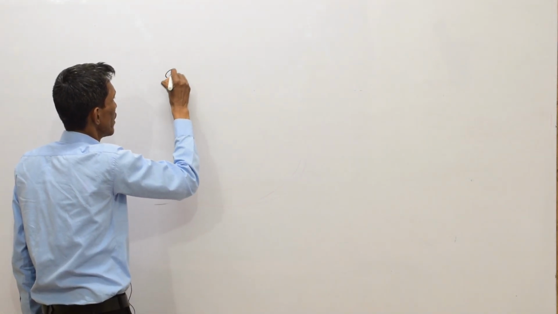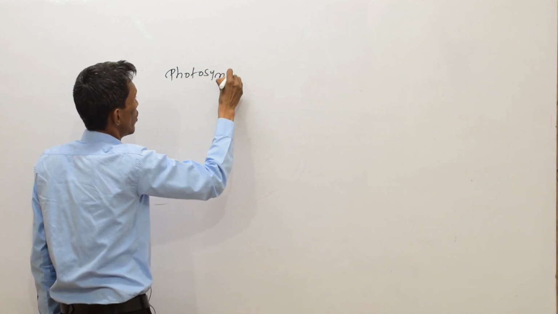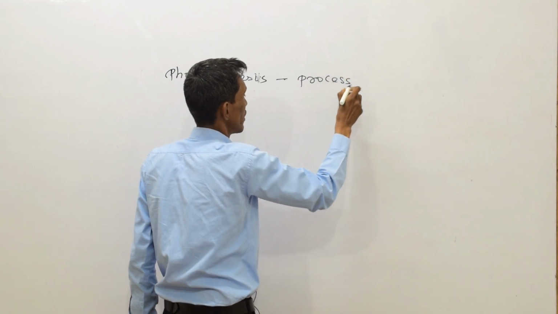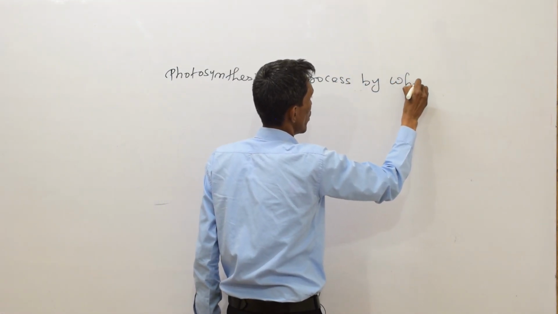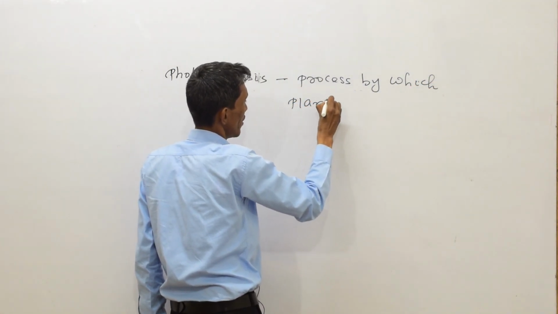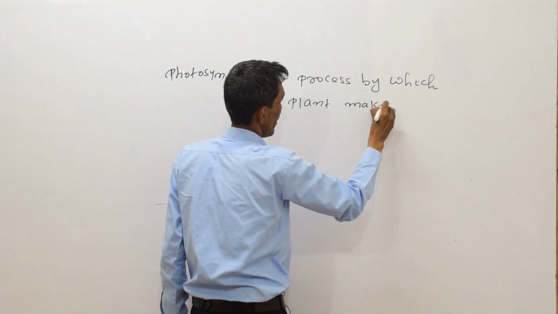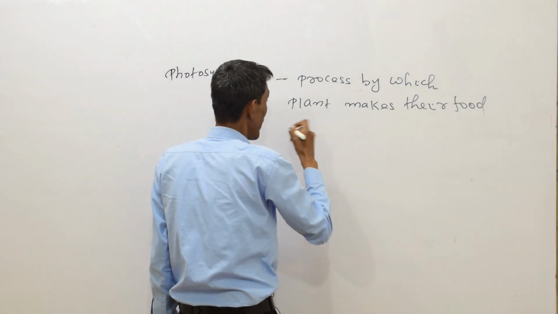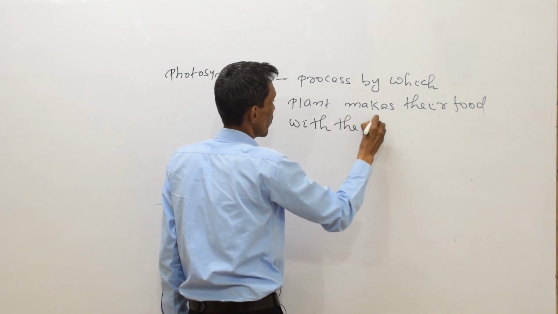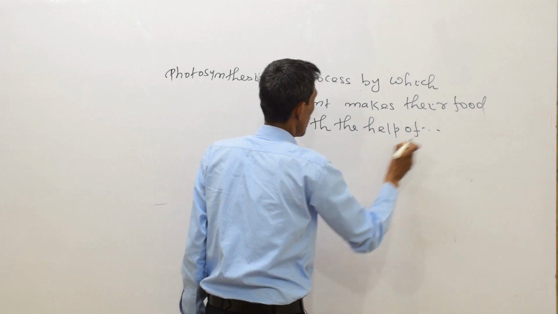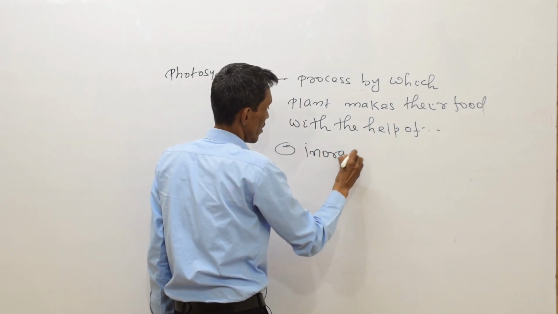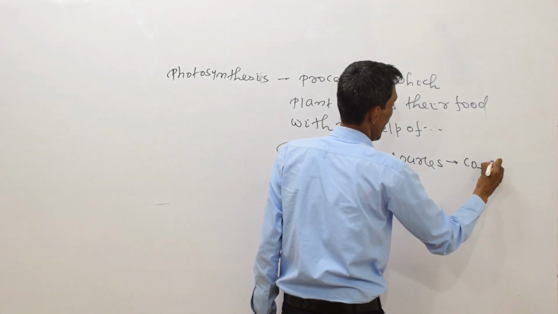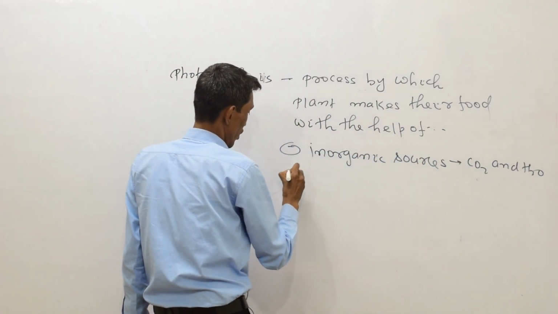Photosynthesis is the process by which plants make their food, with the help of first inorganic sources, CO2 and H2O, in the presence of sunlight.